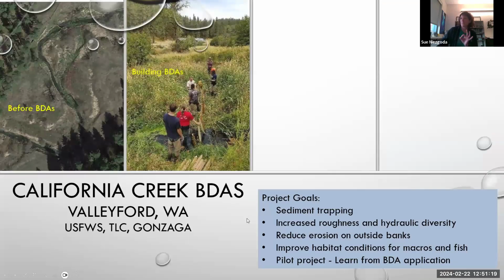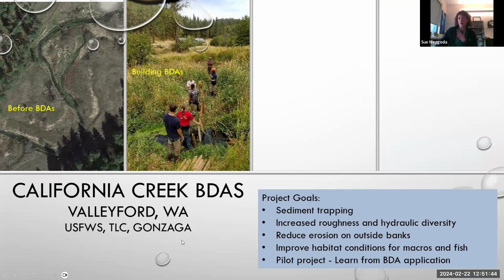So just some quick background on California Creek. This was our first one that we tried to play around with beaver dam analogs in, and we started off back in 2016. The goals here were for sediment trapping, increasing roughness and hydraulic diversity in the stream, reducing erosion on these outside banks that were eroding pretty heavily, maybe try to deflect the flow away from the banks, and improve habitat conditions.